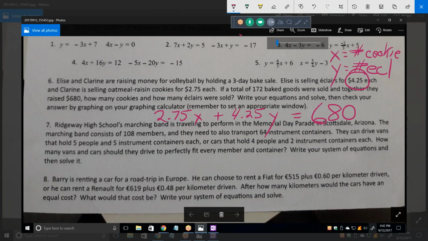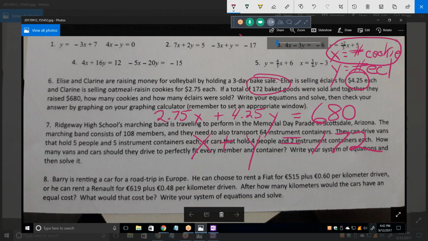Here's the number of cookies I sold. What variable is that? X. So, X plus Y. That's the number of cookies plus the number of eclairs. And they're telling me I sold 172 baked goods. So there's my second equation.